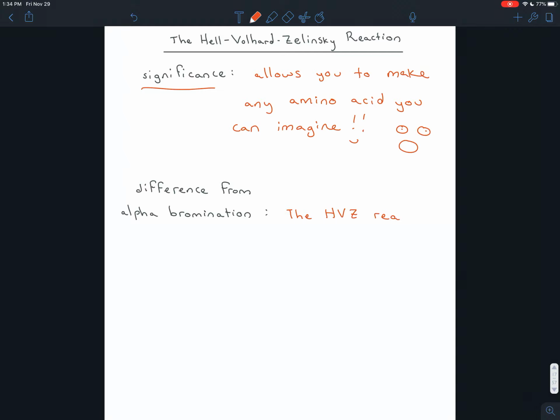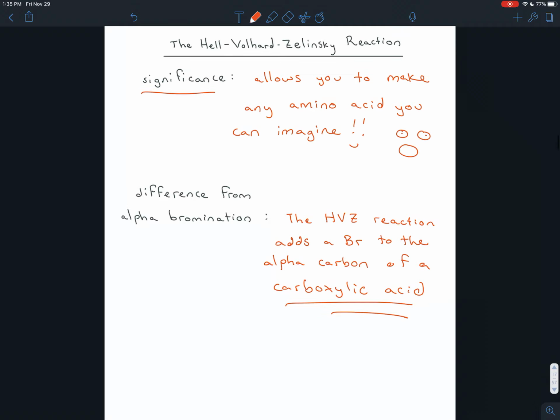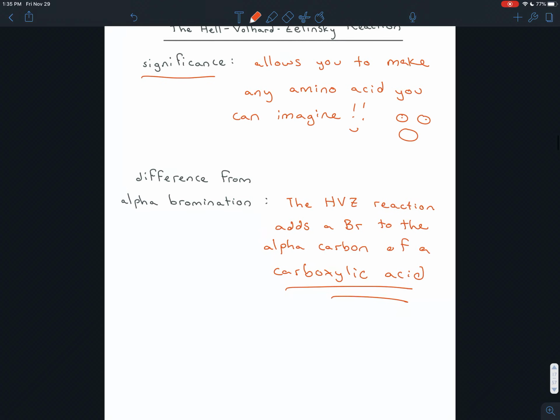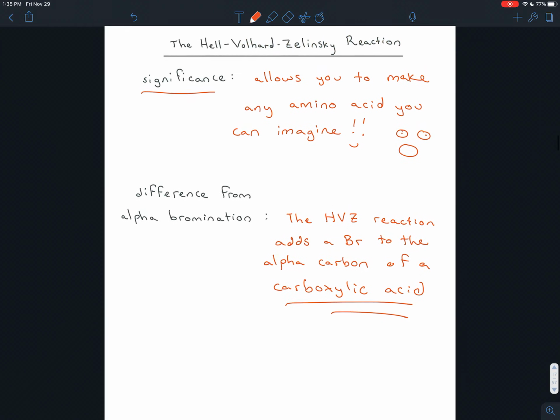That HVZ reaction adds a bromine to the alpha carbon, and here's the difference, of a carboxylic acid. Whereas in the alpha bromination, that added a bromine to the alpha carbon of an aldehyde or a ketone. So this HVZ reaction is really just alpha bromination for a carboxylic acid.